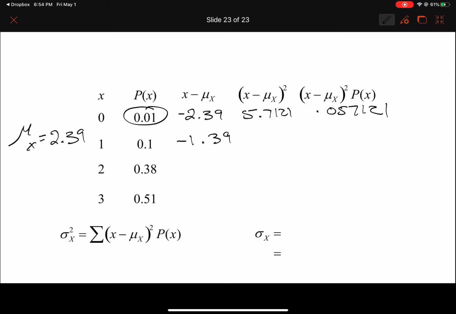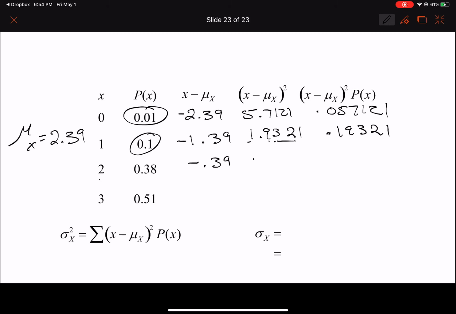Square that number. I get 1.9321. And then once I multiply this by that 0.1, I get 0.19321. So 2 minus 2.39 gives me negative 0.39.